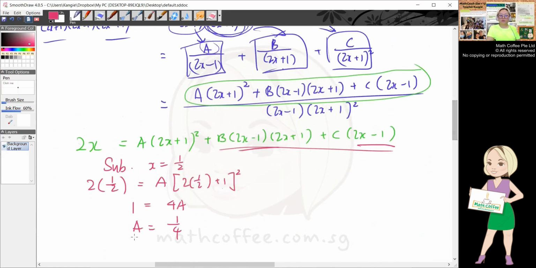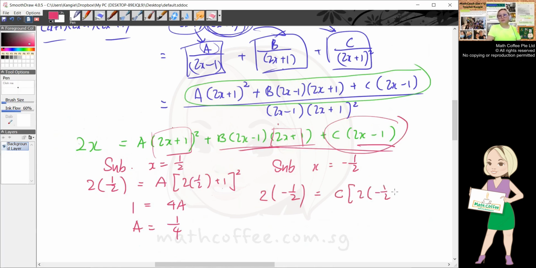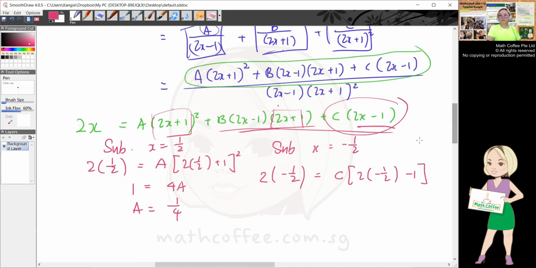Then after that, once we are done with a, we do this one. Now look at the 2x plus 1. So now I'm going to sub in x equals -half, because when I sub in, this disappears and this disappears. So then after that, we have 2 times negative half equals, disappear, disappear. So I am only left with this one equals c(2 times negative half minus 1).